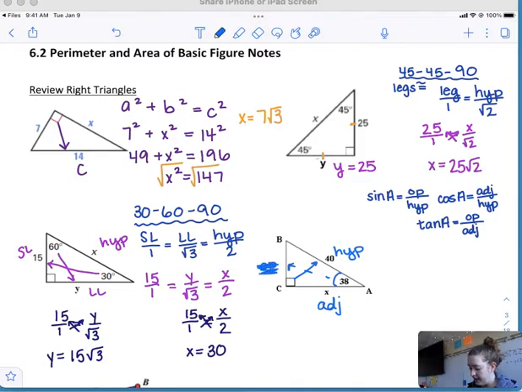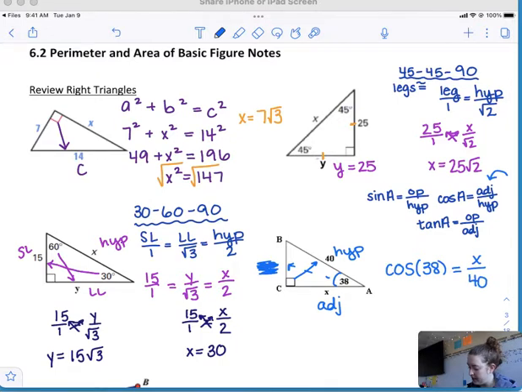I didn't get anything for the opposite side, so I'm going to ignore him. We have an adjacent and a hypotenuse, so that means I'm using cosine since he uses adjacent and hypotenuse. So I'll have cosine of the angle, so that's 38, is equal to the adjacent side over the hypotenuse, so x over 40.